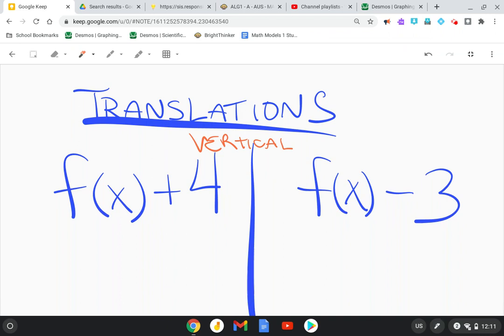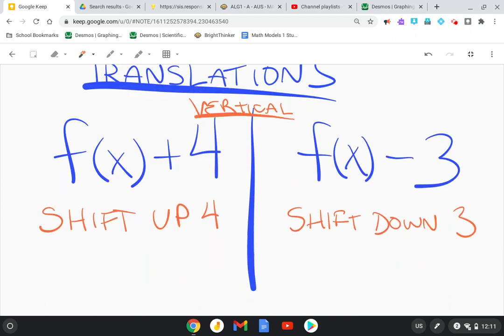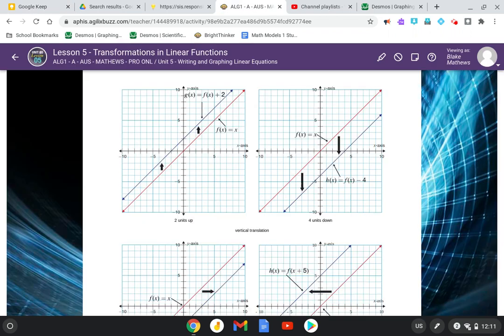This is going to be a shift up 4, and this is going to be a shift down 3. So what we learned is that when we add a number to the end of our function, we shift it up, and when we subtract, we shift it down.